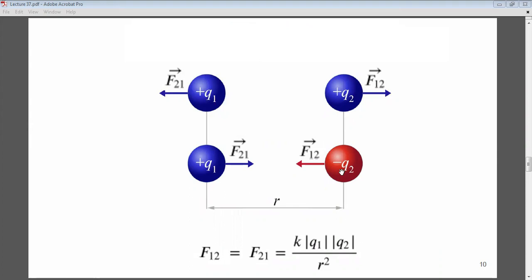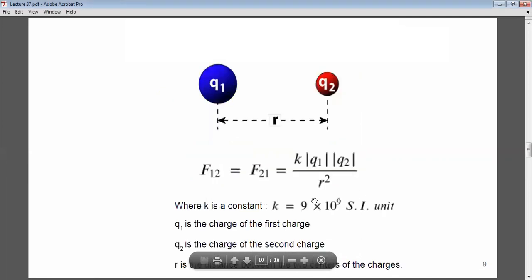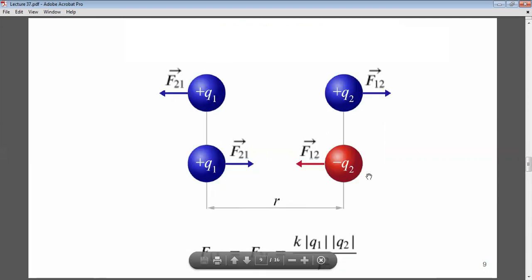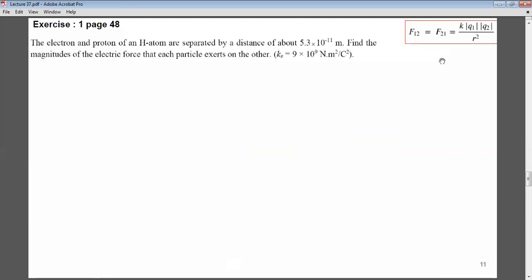If they are both negative, the forces are also repelling. However, if one is positive and one is negative, then they are attracting. And what is the magnitude? Just keep in mind K Q1 Q2 divided by r squared, where K is 9 times 10 to the power 9 in SI units. Let's do an exercise.